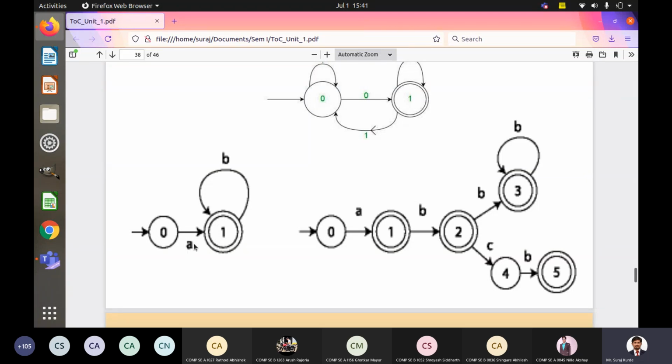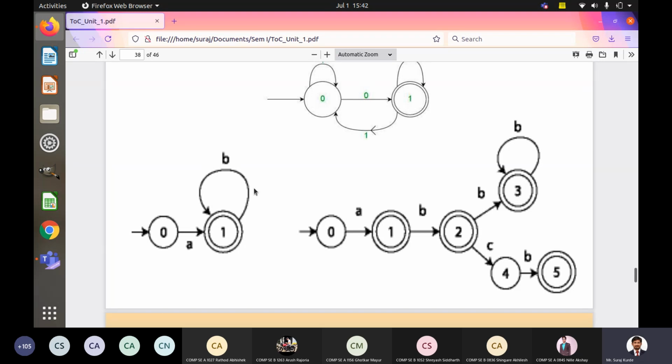Now this A is followed by any number of B's. So after A as an input on the initial state, it goes to the final state, and on the final state it reads any number of B's. There is an arrow starting from state 1 and going to the next state, which is again state 1. This is called a self loop.